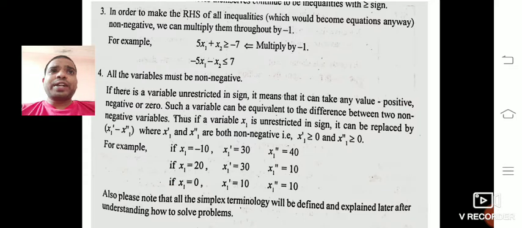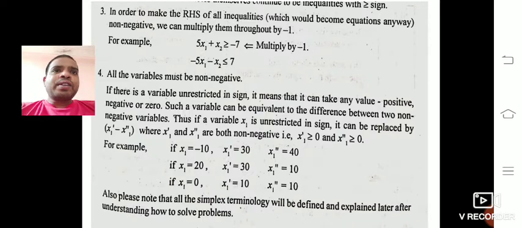Then the constraint becomes minus 5x1 minus x2 less than or equal to 7. After multiplying, the RHS becomes 7 and the greater than or equal sign is converted into a less than or equal sign.